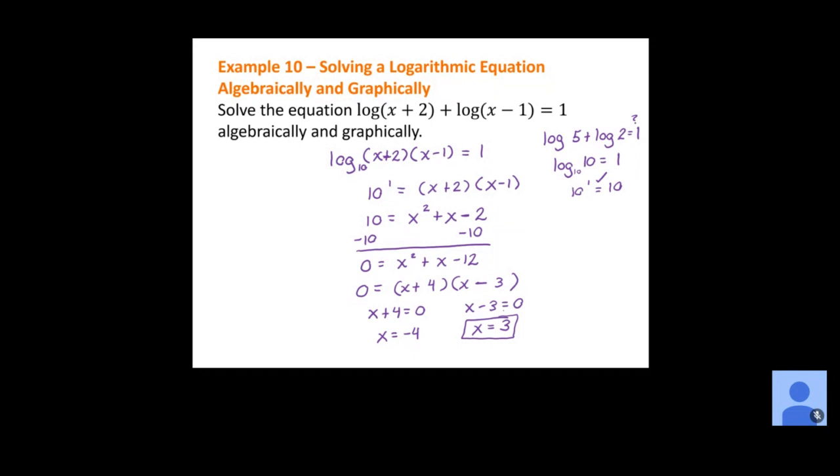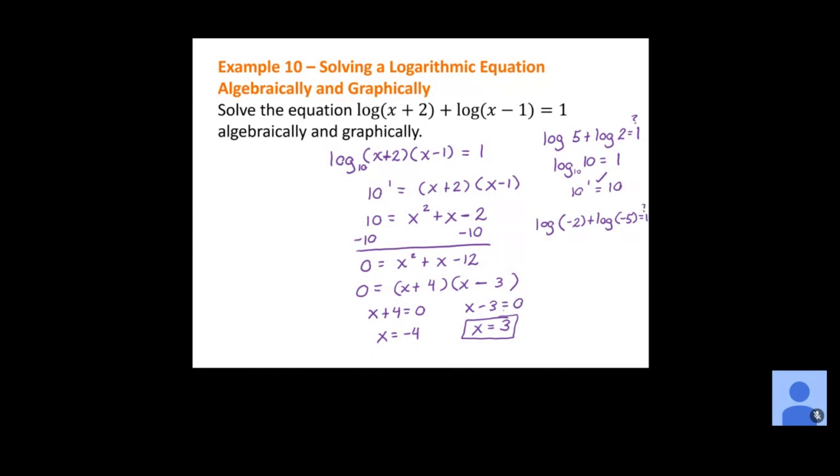Now let's check the -4. If I substitute in the -4, I'm going to have log of -4 plus 2 is -2, plus the log of -4 minus 1 is -5, equals 1, right?